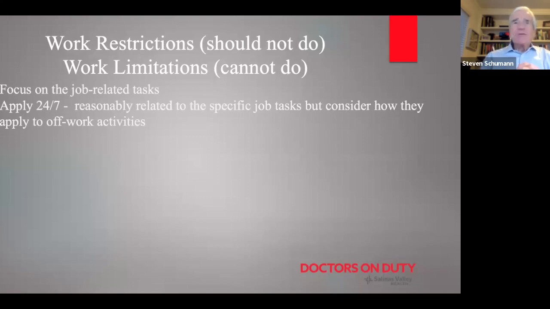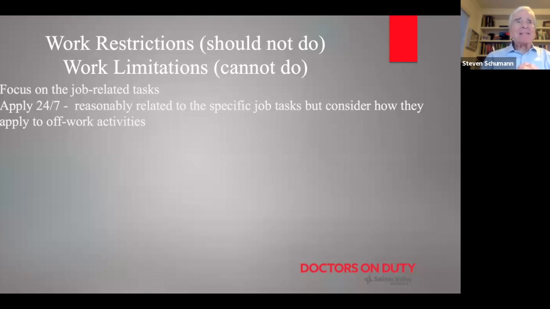So, for example, when we've got patients that need restrictions, what they should not do, it's the patient with a back injury that's got a 50-pound limit, they can't really lift the 50 pounds. So there's a limit. And work restrictions, work limitations are the things that they can't do again.